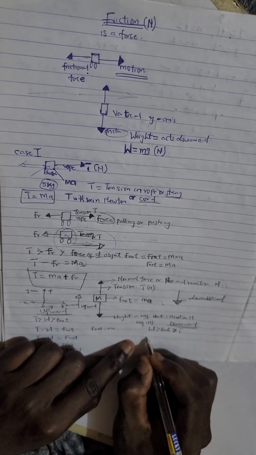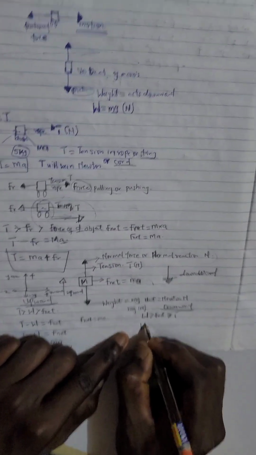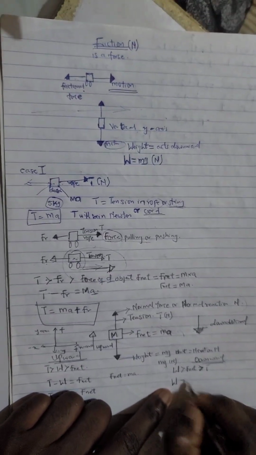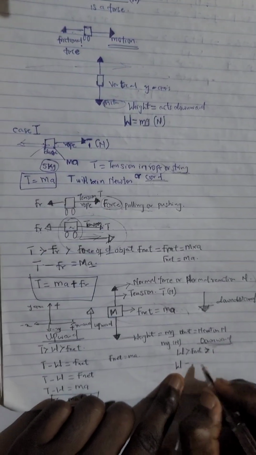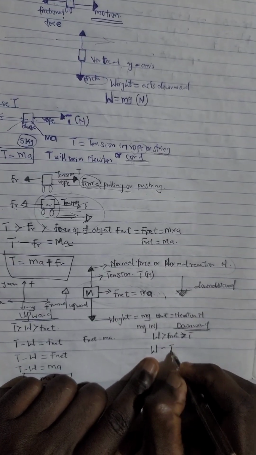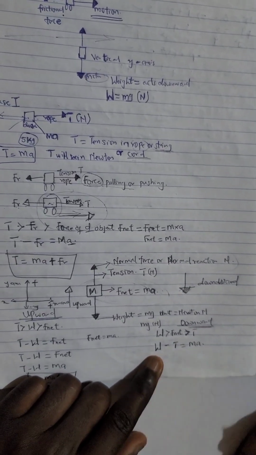So we now have W equals to what? It's greater than this. W minus T will be equals to what? MA.